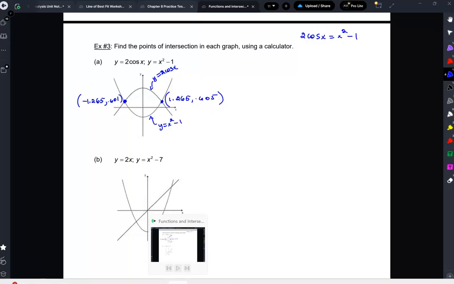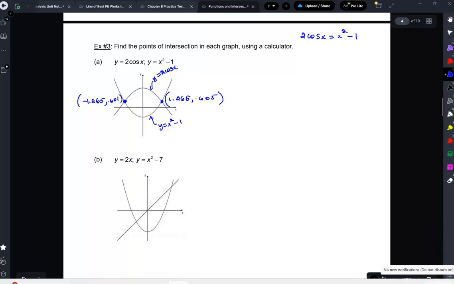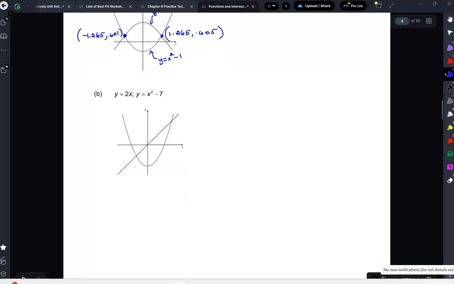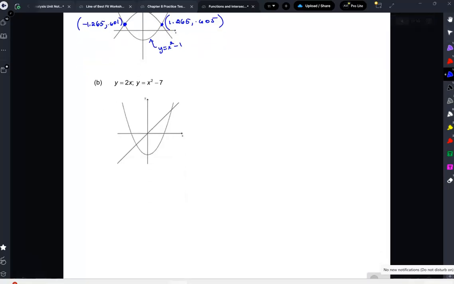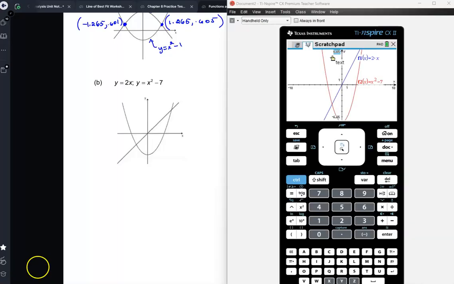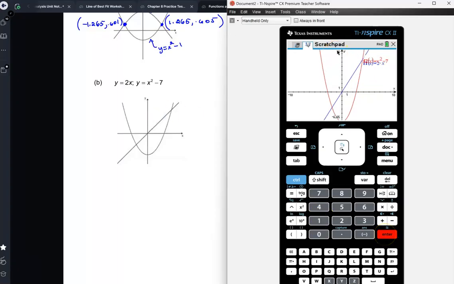All right. Go ahead and quickly plug this one in there, y1, y2. And like here, I'm actually going to change the window to 10 just so I can see it.